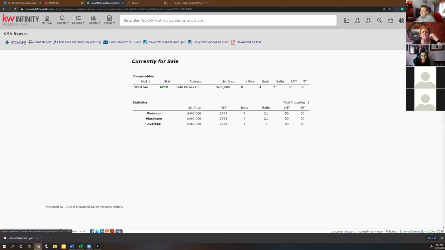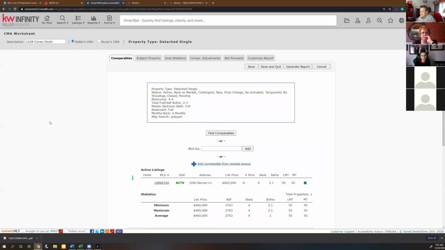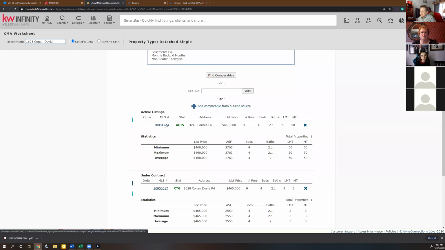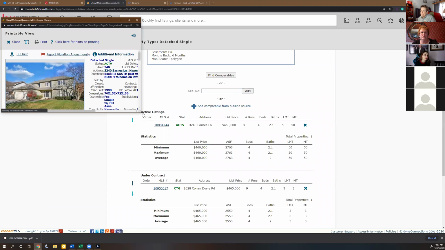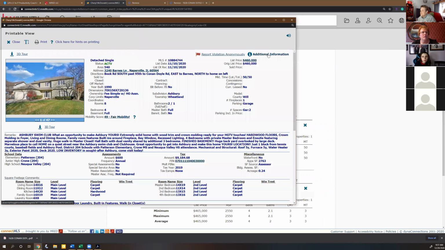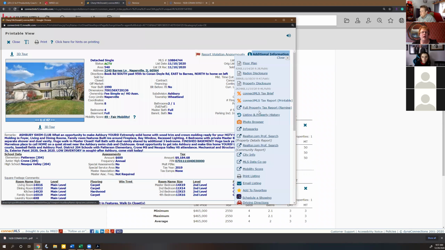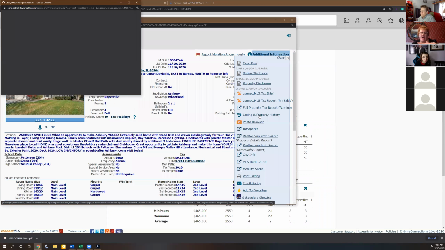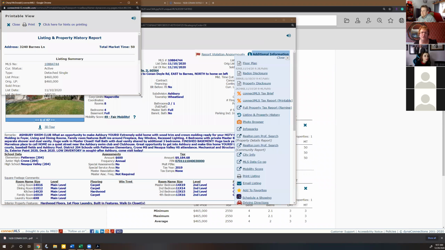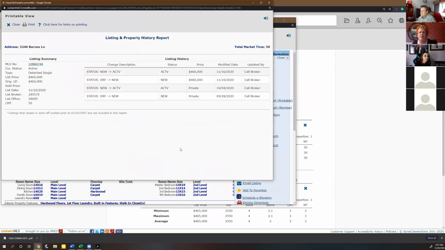If I go back to the worksheet and look at that one, let's open it up and go to additional information. I just pulled the property out of the MLS, it was purely random.